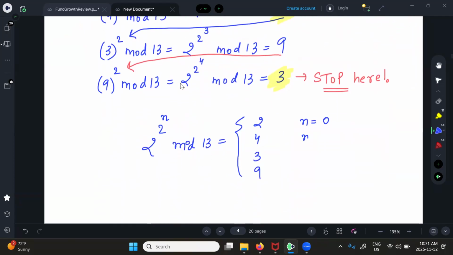When n was 1, I got remainder 4. When did I get remainder 3? When n is even. And when n is odd, I'm getting 9. No, you're right. It's even. Odd except 1, right? Because 1 gives me 4.